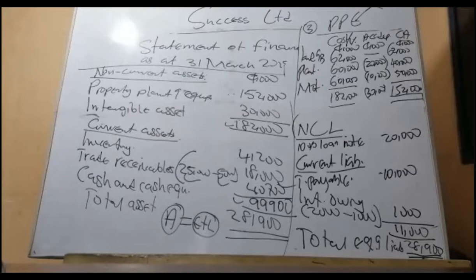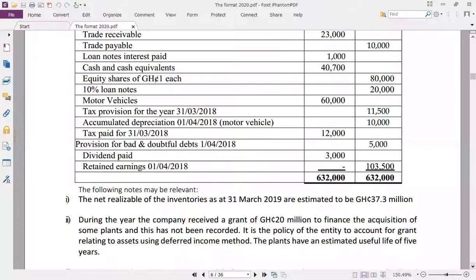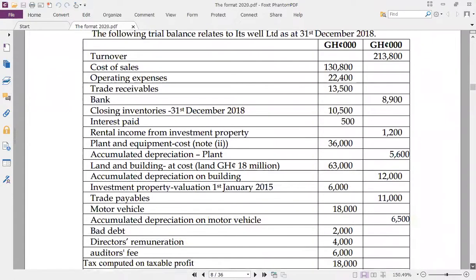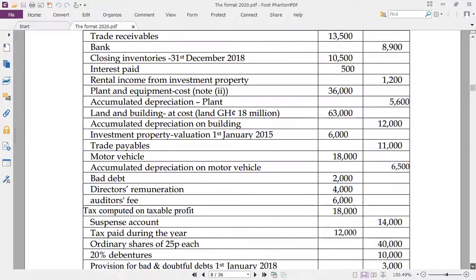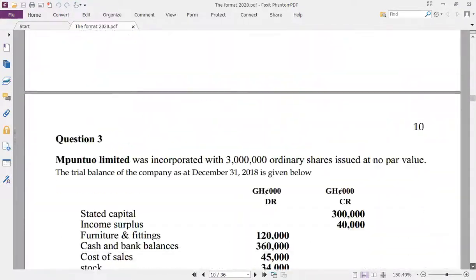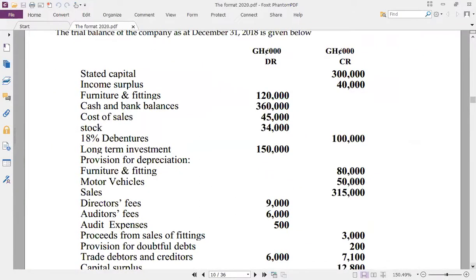And this is how far the good Lord will bring us. Please let me repeat the homework. You are doing question 2, the company's empty trial balance. Don't touch any footnote. And question 3, empty trial balance. There are three sets of questions coming.